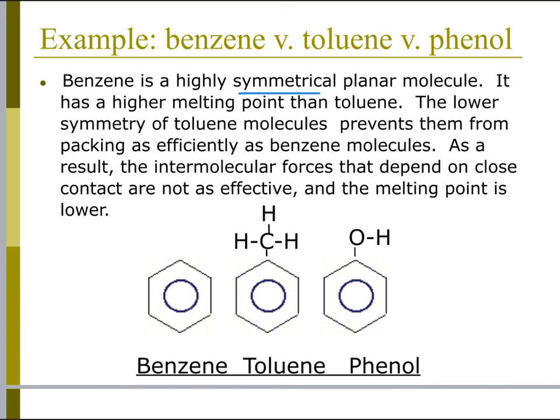However, toluene, or the methylbenzene over here, is going to not be as good because of this little finger branch sticking off of the benzene. That's going to make it less good at creating a solid crystal structure. Therefore, the melting point of the benzene would be higher because it is better at forming that solid.